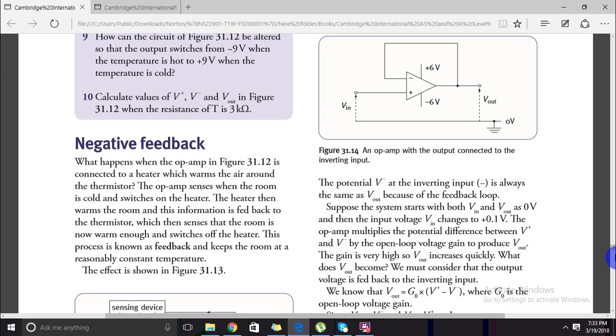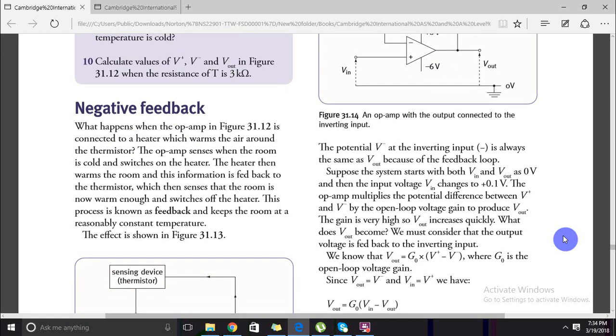And because it's multiplied by G naught, it's soon going to get a really huge value, like 10 to the power 5 times 0.1, so it's going to be huge. It's basically like 1 times 10 to the power 4 volts. Actually, it's not going to be that big. It's just going to be equal to the supply voltage, but just bear with me at the moment.